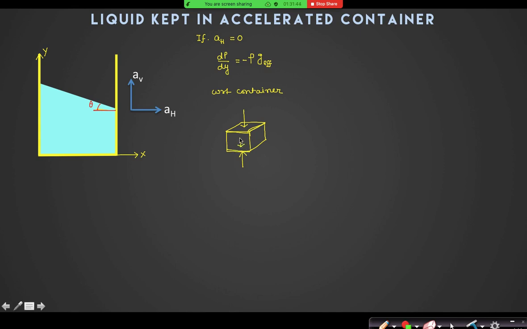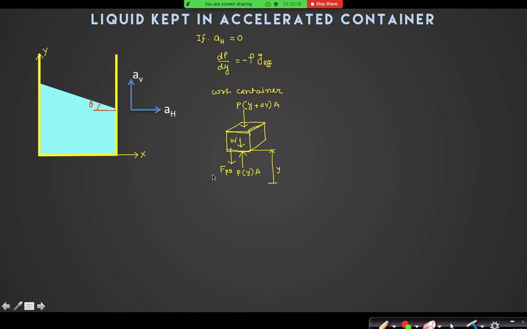Anything else? No, sir. The pressure force from the top is P of y plus delta y into area, from the bottom is P of y into area, if I assume this height is at y. So we have to take one pseudo force. The pseudo force is also coming down, which is F pseudo.